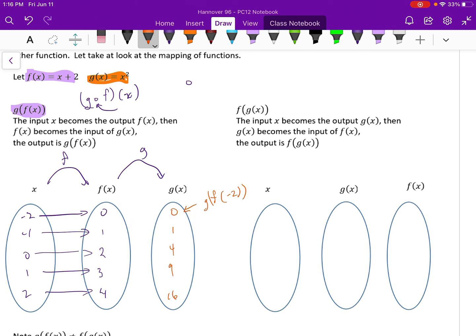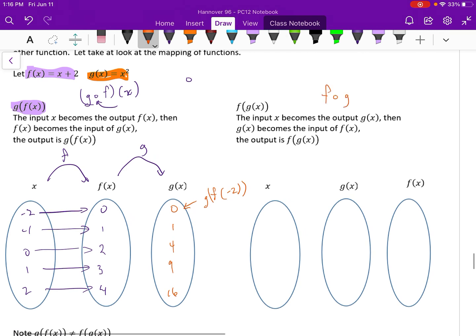On the other hand, for f composed of g of x, the input of x is put into my function g. So g is applied to my input. Now I'm just going to write those down. And if I look at my function g, what does it do?